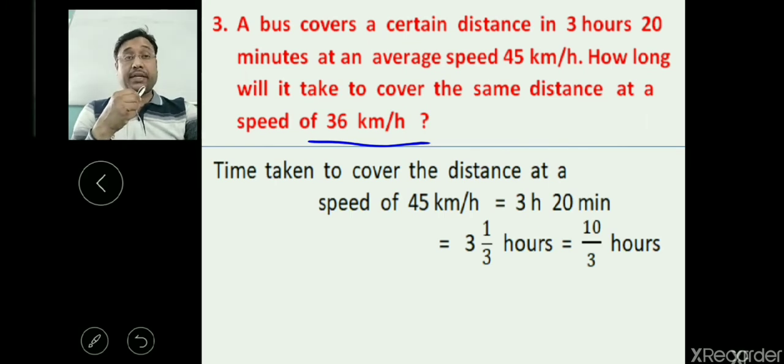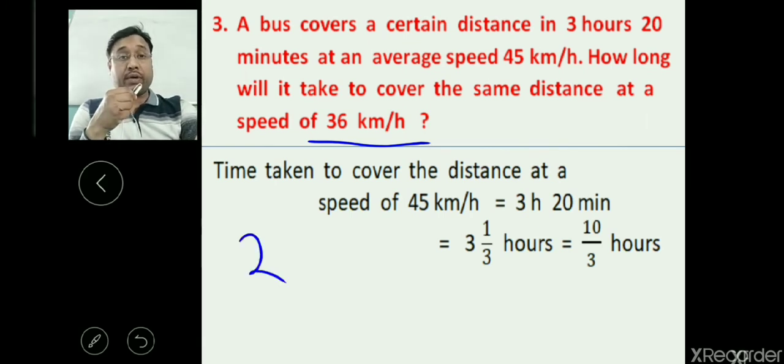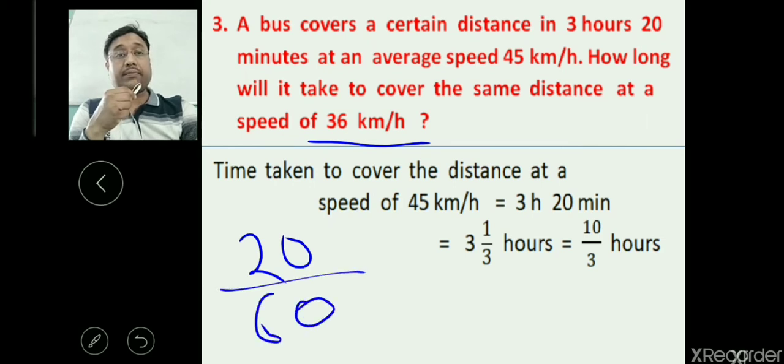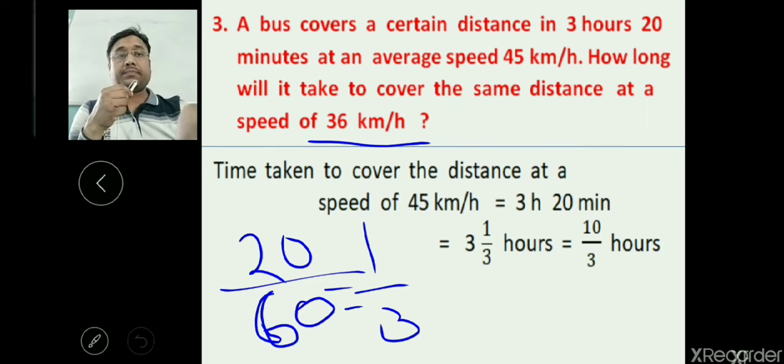The 20 minutes you will convert into hours by dividing 20 by 60. So 20 by 60 is 1 by 3 hours.